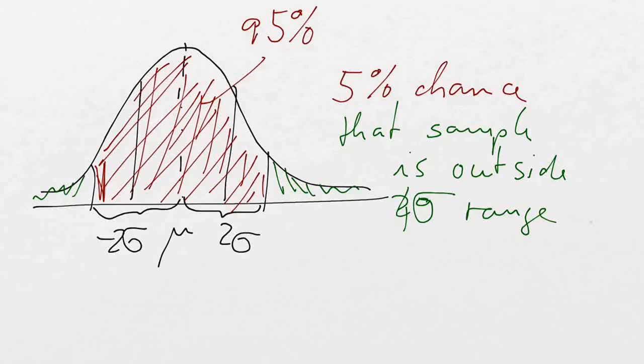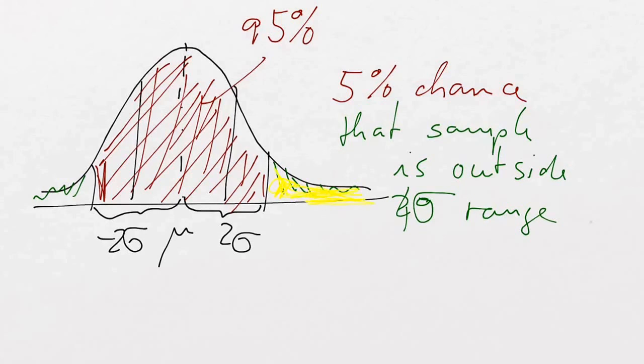So my H1, my alternative hypothesis, says there's a 5% chance that the data are not in this 95% range. Does it say anything about larger or smaller? Obviously not. So what's the range here? What is this probability here?